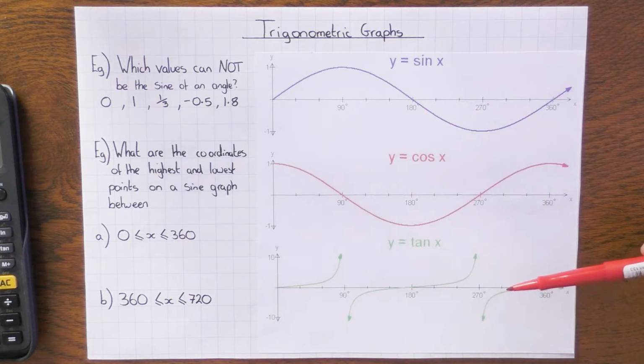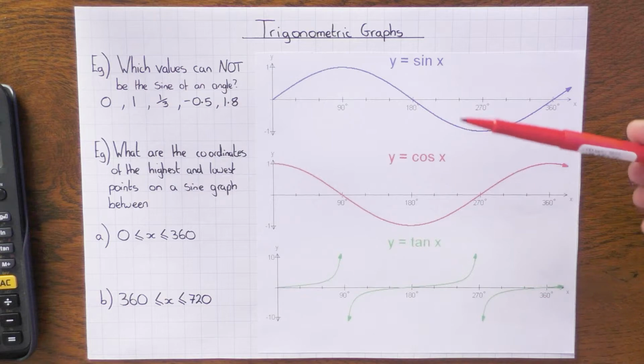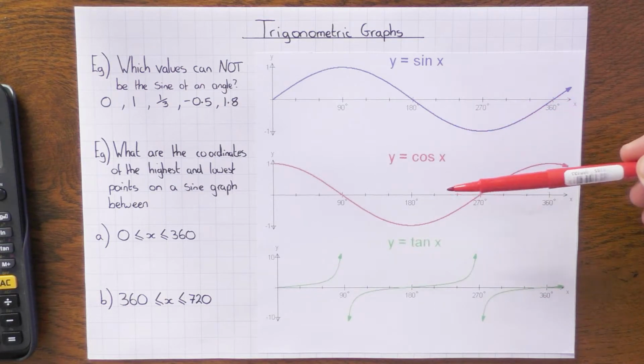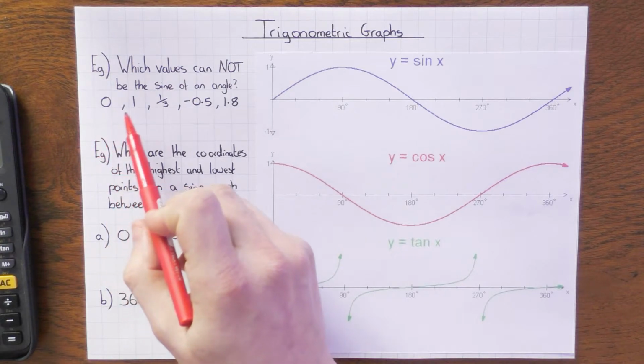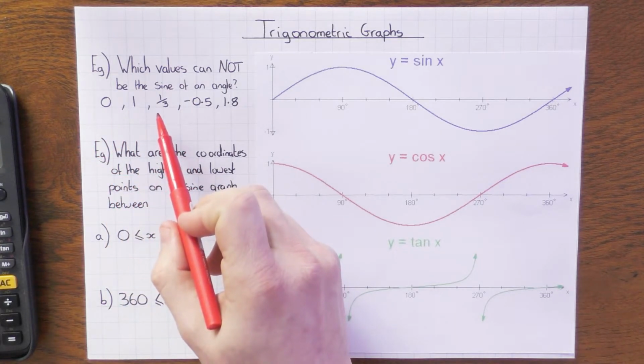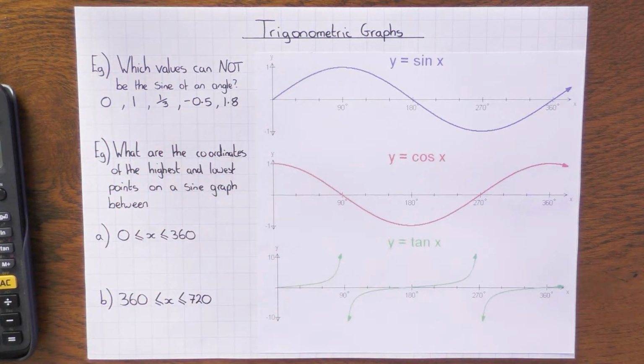Now, you could be asked to sketch any of those, but the ones I tend to ask questions about are the sine and the cos, so we're now going to have a look at some of the most common questions you could get asked with regards to trigonometric graphs. First one here is: which values cannot be the sine of an angle? We've got 0, 1, a third or 0.3 recurring, minus 0.5 and 1.8.